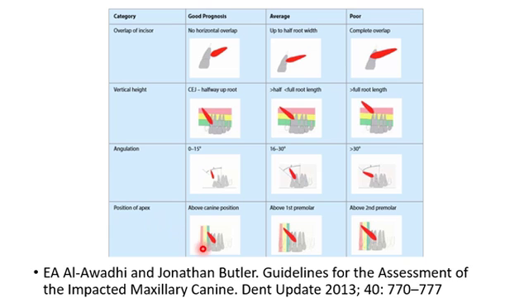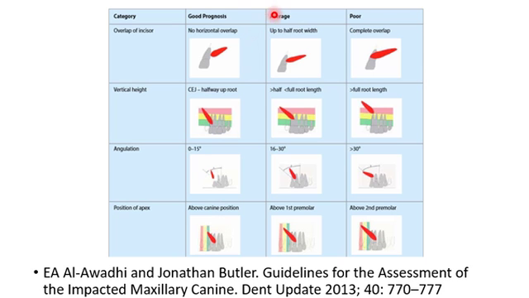And position of the apex: the green area means the canine has a good prognosis, while in the yellow area the canine has a fair prognosis. When the apex is in the red area, the canine will get a poor prognosis.